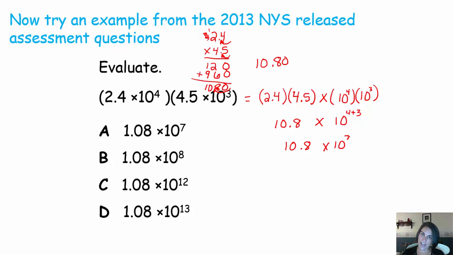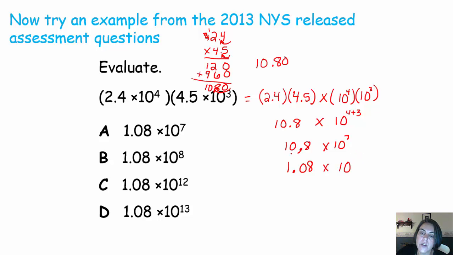Okay, some of you may have accidentally circled letter A. And that's why New York State puts letter A on here, because they want to see how many students really look at that final answer and notice that that's not yet in scientific notation. That decimal point is after the 0, not after the 1. 10.8 is bigger than 10, not working, so I need to do 1.08 to get a factor between 1 and 10 times 10 to some power.